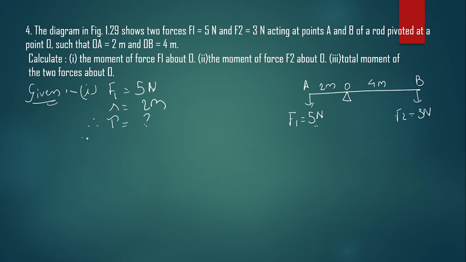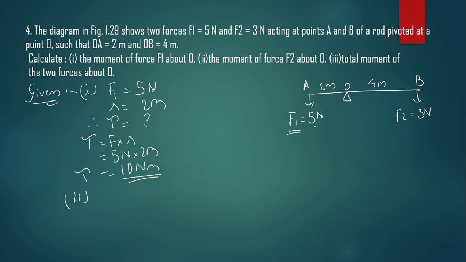Torque is force into distance, that is 5 Newton into 2 meter. 5 2s are 10 Newton meter. So this is the torque generated at point O because of force F1.